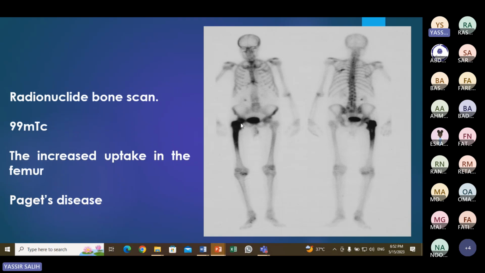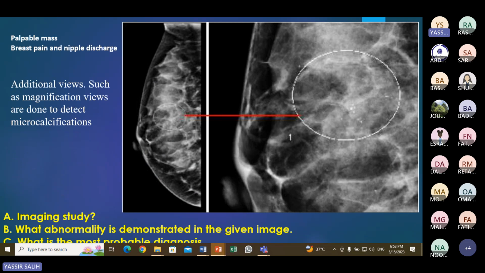Yeah, differential diagnosis and the causes of increased uptake in general, not in this case. Tumors. Tumor, benign or malignant, yes. Maybe fracture, maybe secondary bone tumor, maybe Paget disease, maybe bone infection. All this may cause increased uptake.